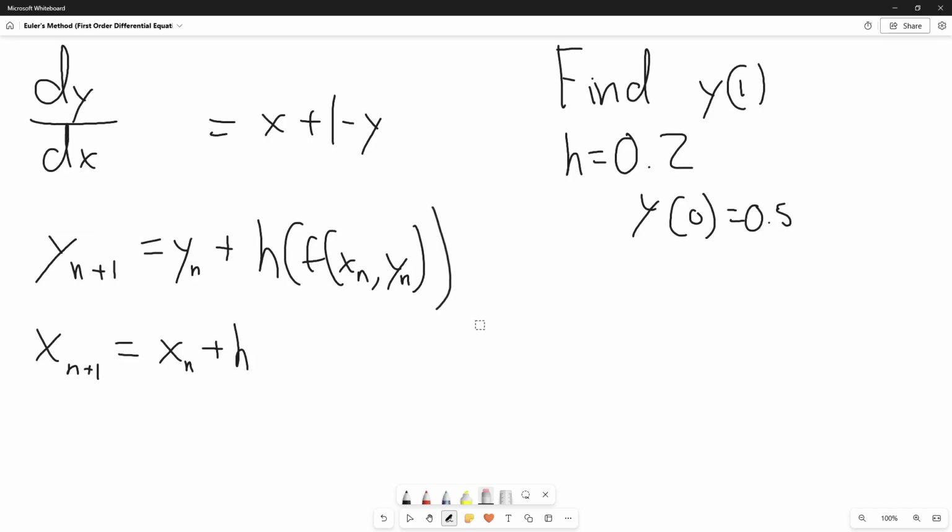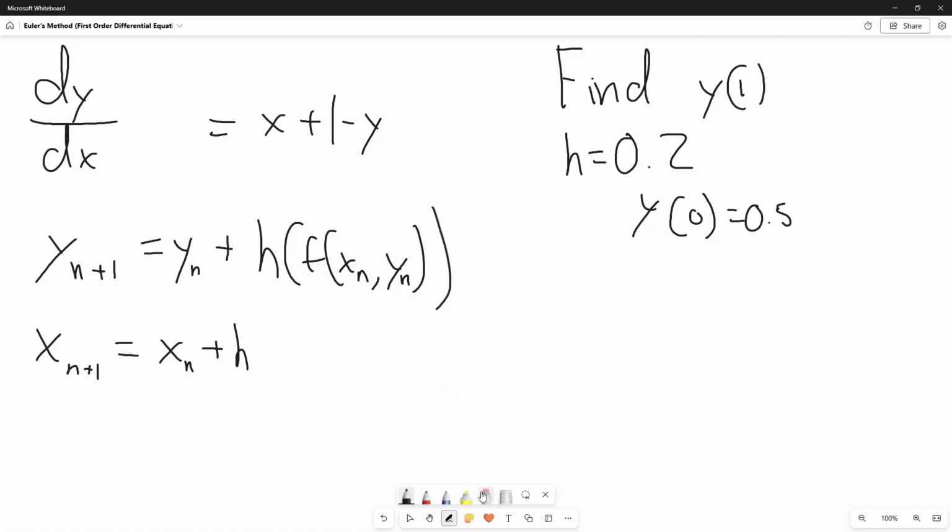Yeah, so just rearranging it. And then x of n plus 1 equals x of n plus h. And that's pretty intuitive. The next step is just the previous step plus the step increment for your x value. And the y is that, but dependent on your function of the derivative.